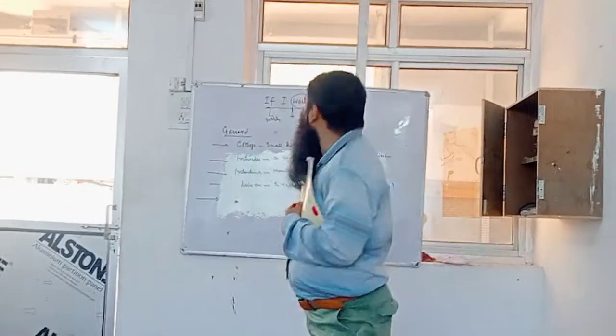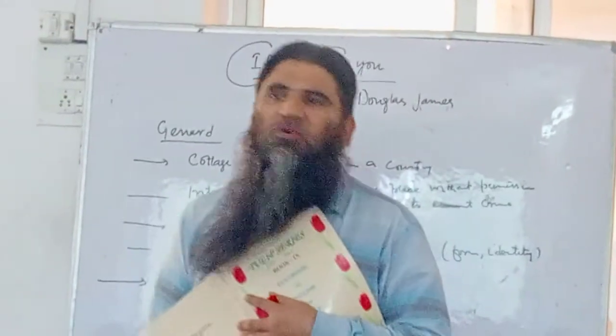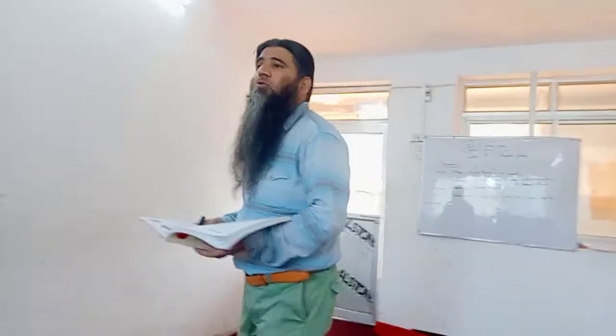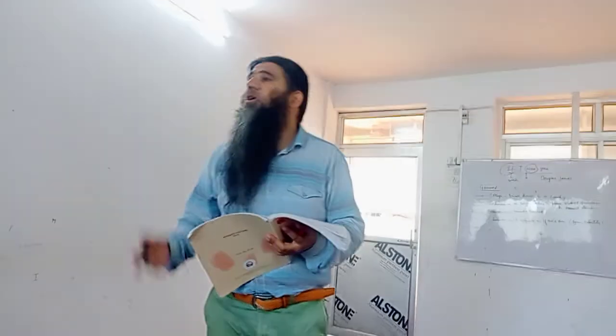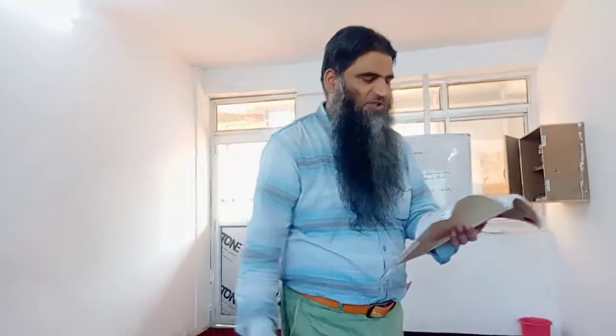Actually, when we use "if" before it, it shows a wish. At that time, instead of was, we use were. So, if I were you, the intruder wants to be Gerard, so that he will show the world that he is Gerard.